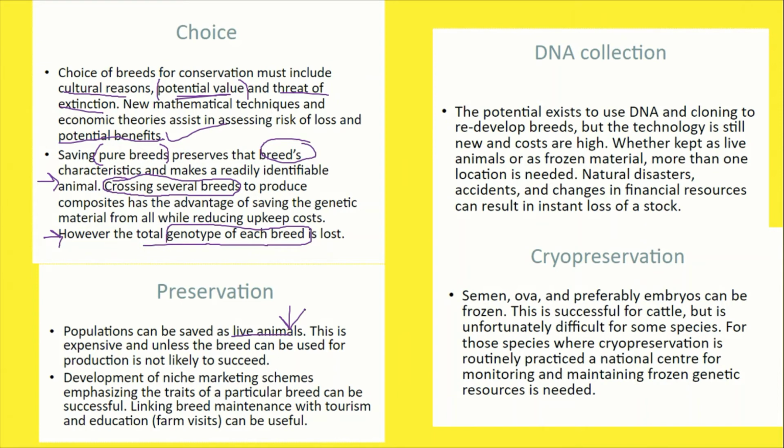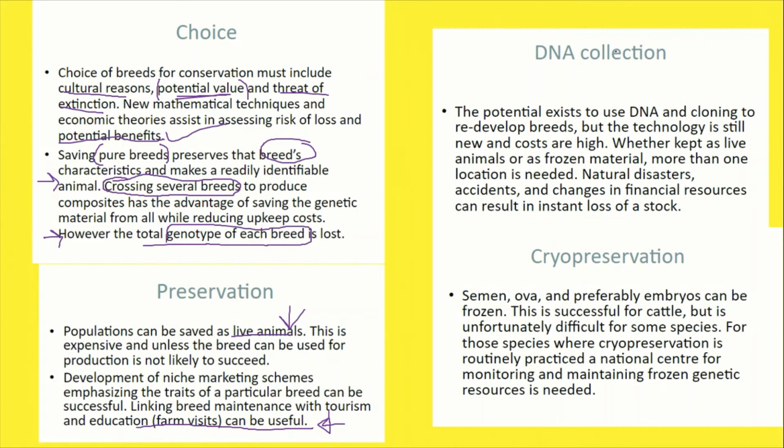That means if it cannot reproduce, then this can be a difficult process. Development of niche marketing schemes emphasizing the traits of a particular breed can be successful. Linking breed maintenance with tourism and education: once we preserve a whole animal, we can link it to tourism and education for students and researchers.